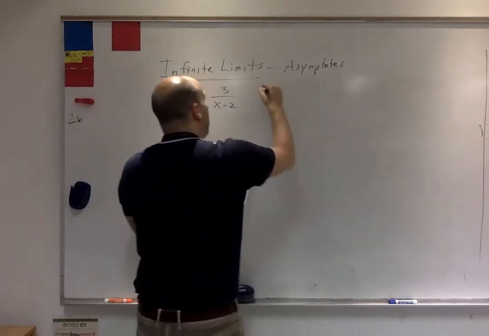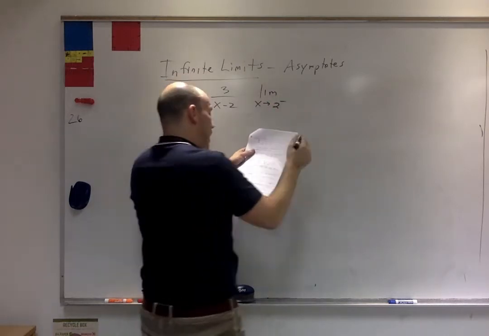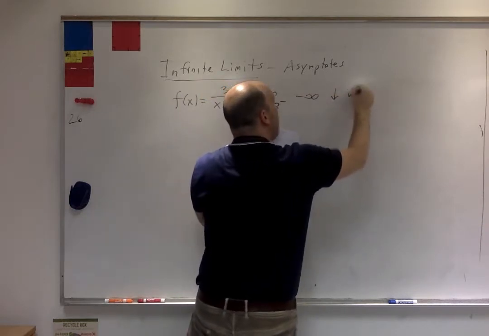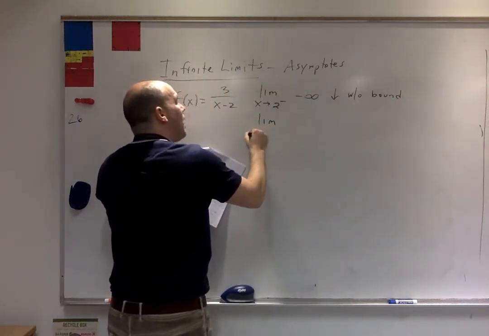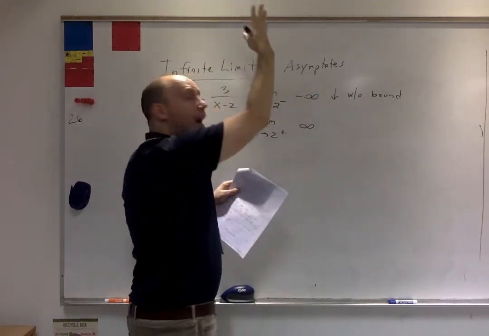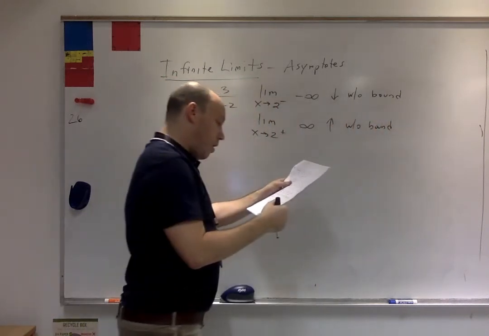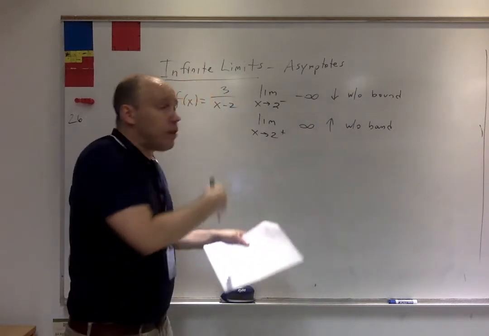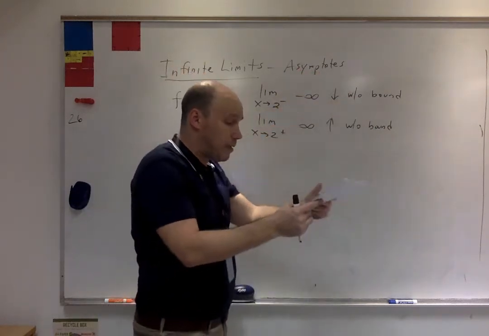The limit as x approaches 2 from the left is negative infinity, or it decreases without bound. And from the graph, the limit as x approaches 2 from the right goes to positive infinity, increasing without bound. So the limit fails to exist because of the infinity, or the unboundedness.